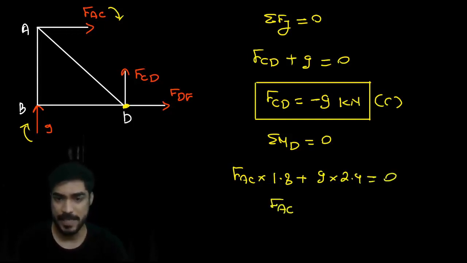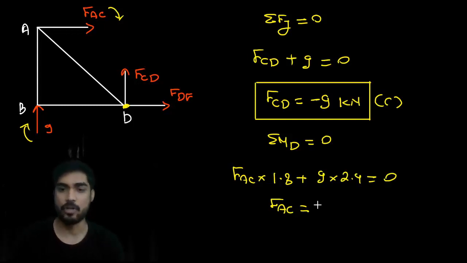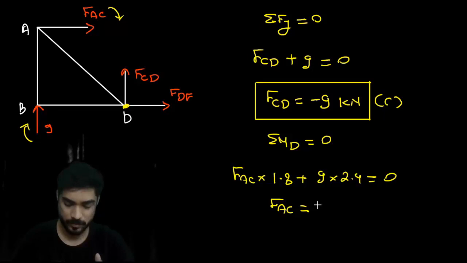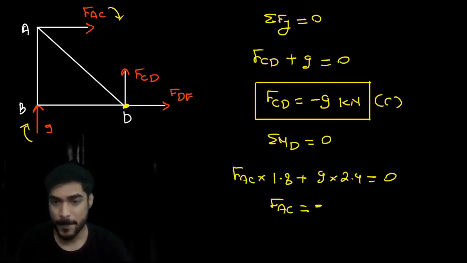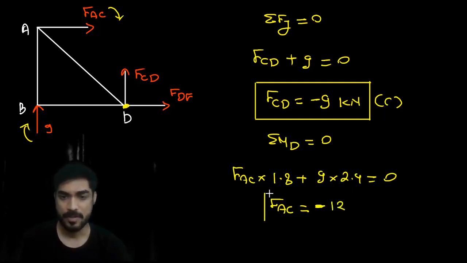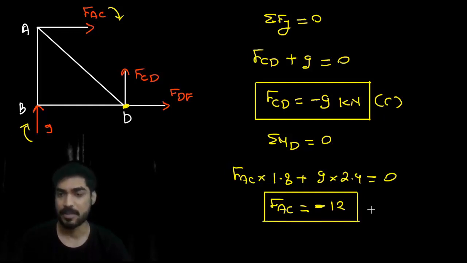So FAC will be equal to 9 into 2.4 divided by 1.8, which is 12, and it will be negative, minus 12. So it is again compressive.